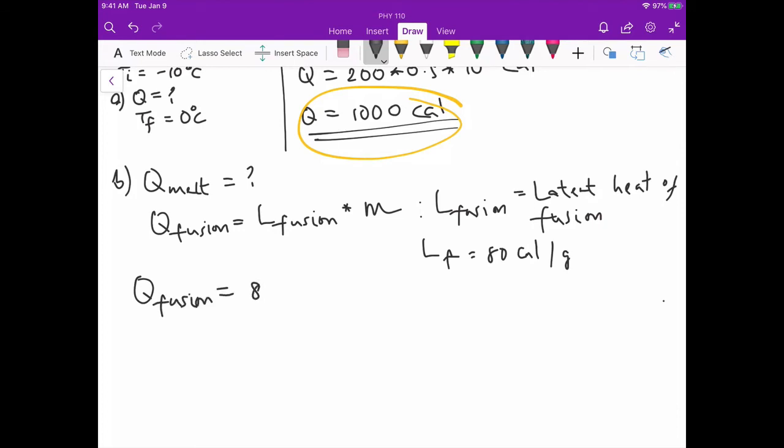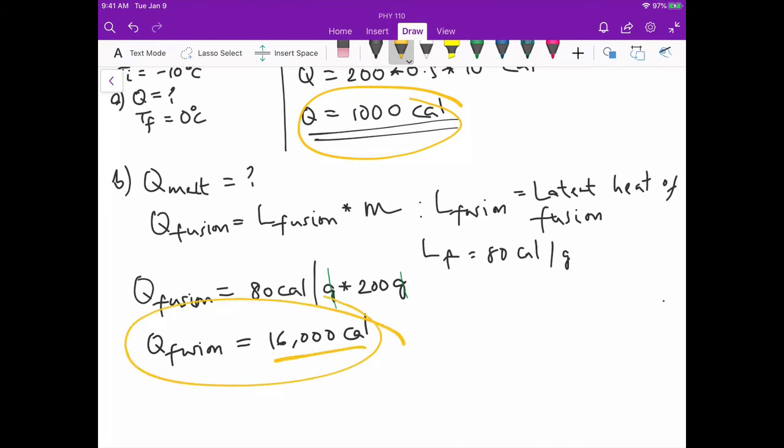Q fusion is L fusion, 80 calorie per gram, multiplied by the mass, which is 200 gram. So gram cancels out, and your Q fusion will be 16,000 calories.